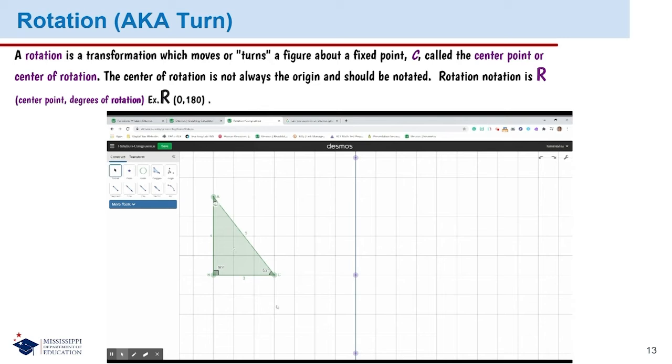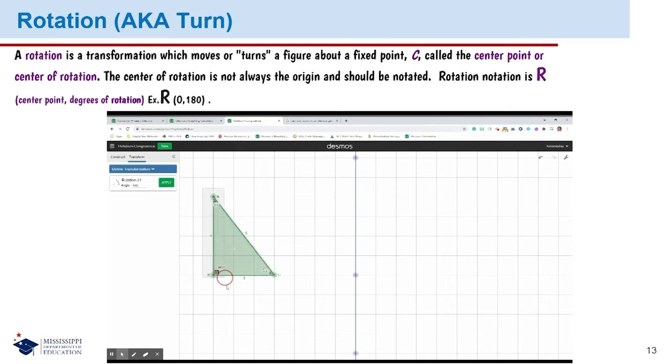So for this one, I want to do a rotation of 180 degrees. So I'm going to move from construct to transform. I'm going to define my transformation. I want to do a rotation. I'm going to select my center point, and I'm going to change the angle measure to 180 degrees.